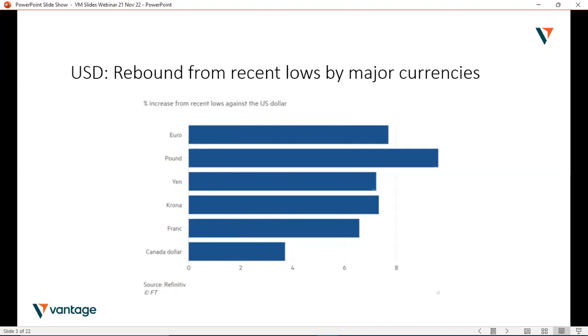Though, let's remember, it's still up around 11% year to date as a whole. Currently it's kind of firm today, up 0.8% or so, trading on risk sentiment at the moment, and these safe haven flows down to the China story really.